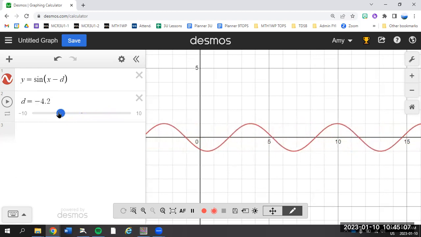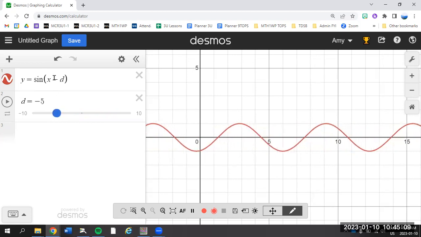How would this look? What would the equation of this be? X, would it be minus 5 or plus 5? Try that again. What would the final equation be? X minus 5 or X plus 5? Ooh, there's a lot of variation in answers here.